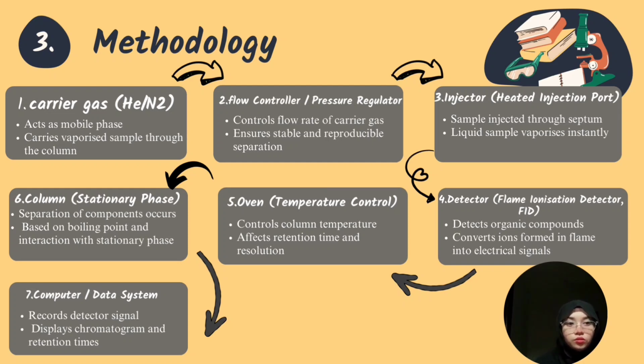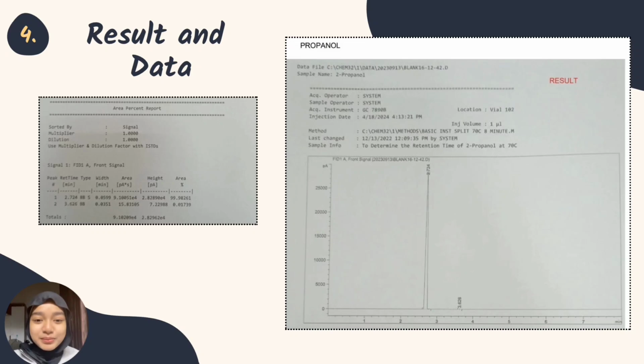Separation occurs inside the column placed in a temperature-controlled oven. The separated compounds are detected using a flame ionization detector, and the signals are sent to the computer to produce a chromatogram. I will explain the data and the results of the experiment.